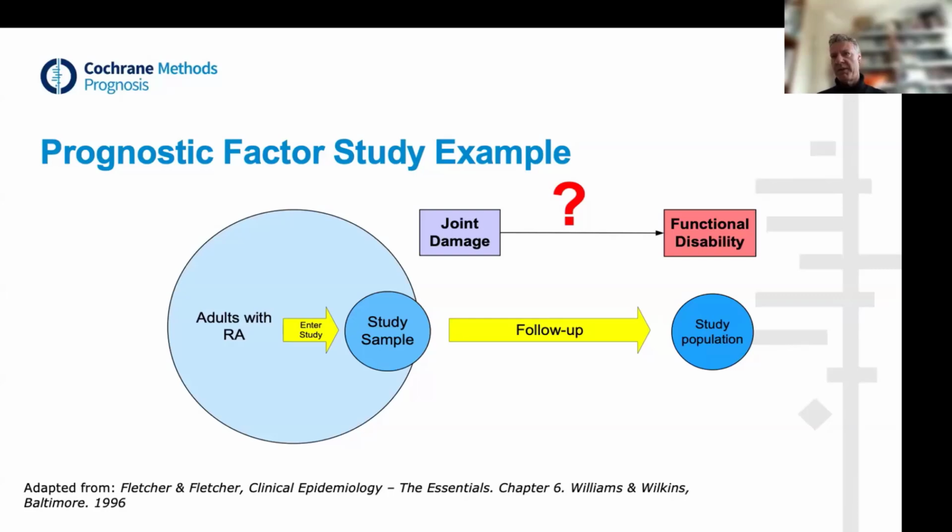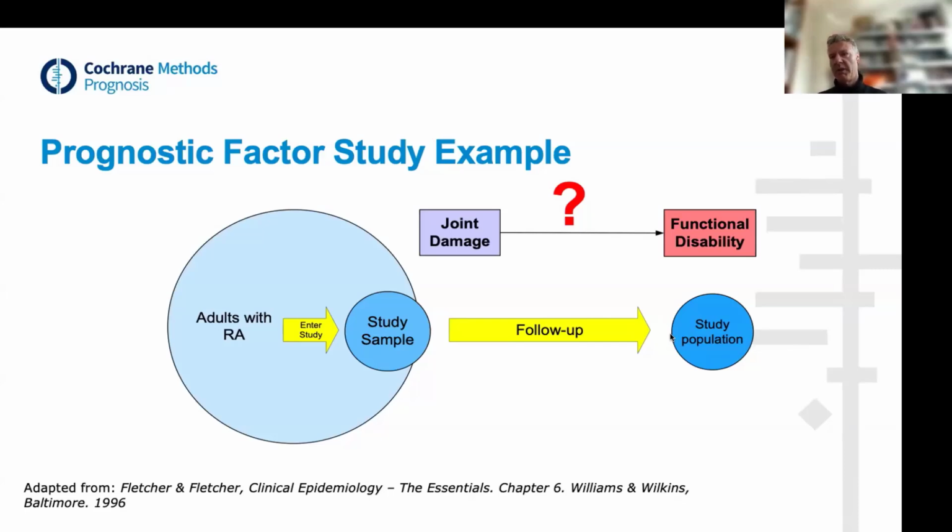And there are, for example, quite a lot of studies done to see whether the factor joint damage that is measured at T0, when the study sample was formed, when somebody enters the cohort, is indeed associated to functional disability a year later.